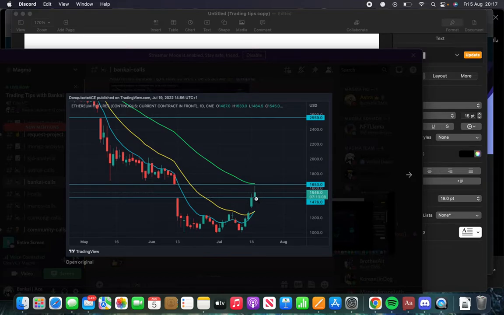And it had already broken the, I don't know if you can see here, that 1476 level. So I was already expecting it to work its way up to 1653, right? But I could only say with certainty where it was going to go, and obviously, like I said, there's never 100% certainty, with a close above 1653, right?